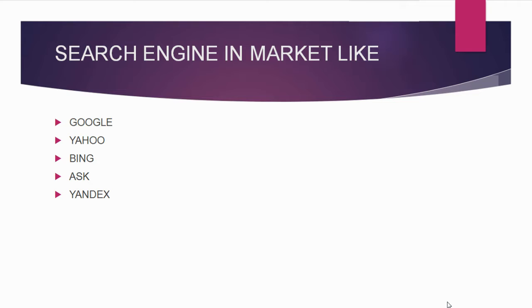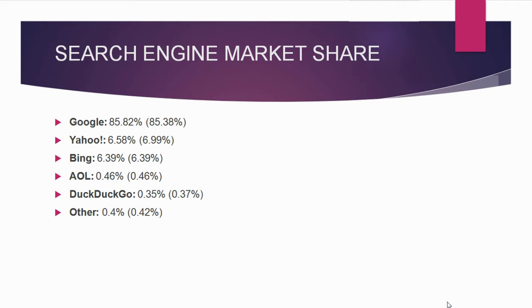Then the second most used is Yahoo. This is the market share for each of the search engines here. So we have Google, which is 85.82%, which is leading here, followed by Yahoo, which is 68%, and followed by Bing, which is 39%.